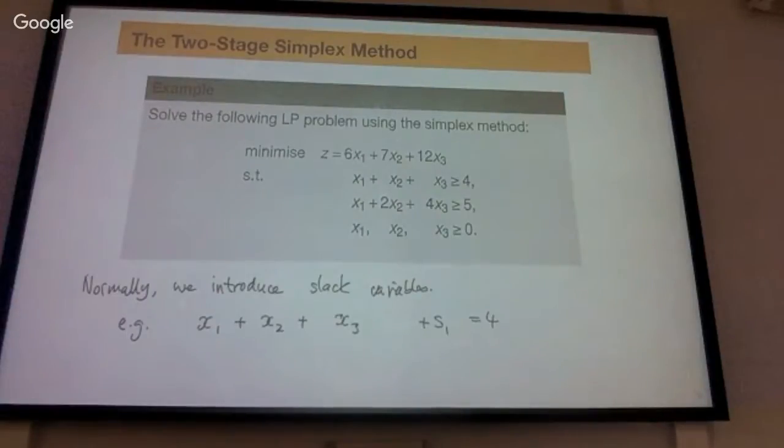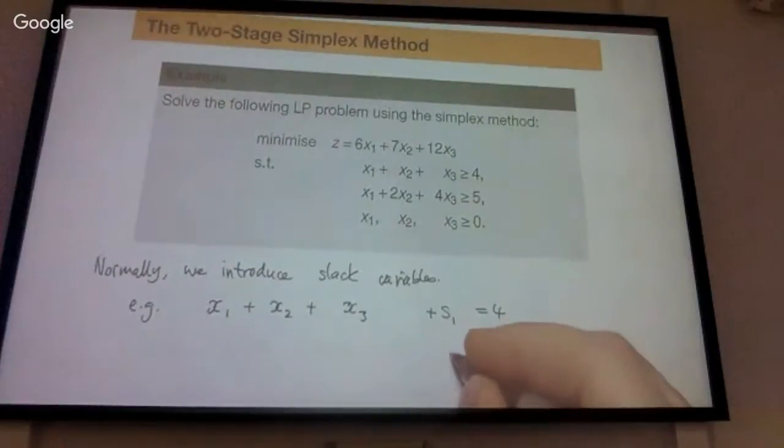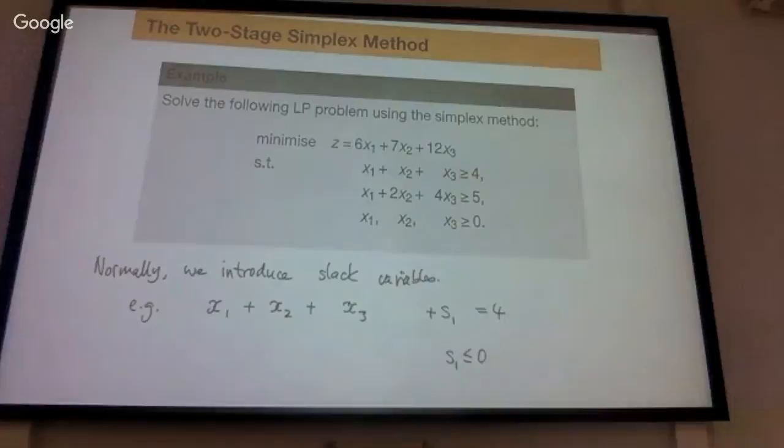But then we would have to add the condition that s1 is less than or equal to 0, because if you want x1 plus x2 plus x3 to be greater than 4, then you have to add something negative to it to get 4.